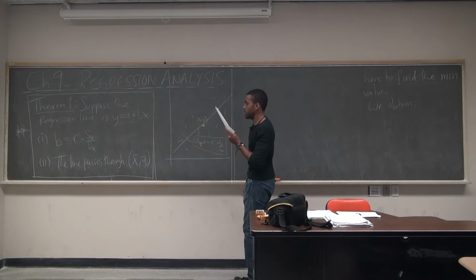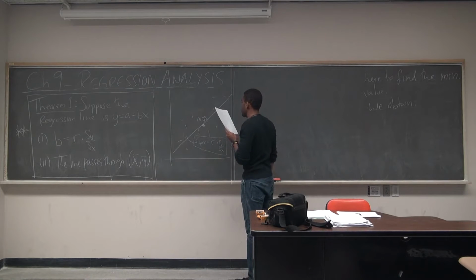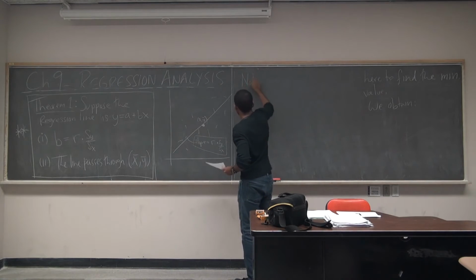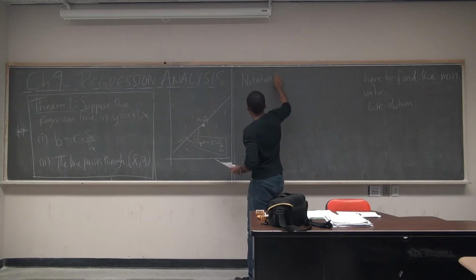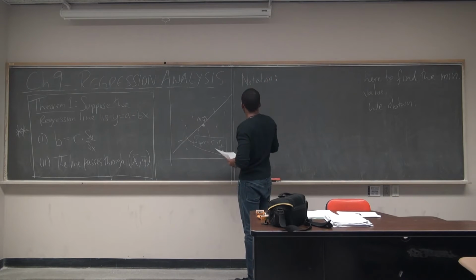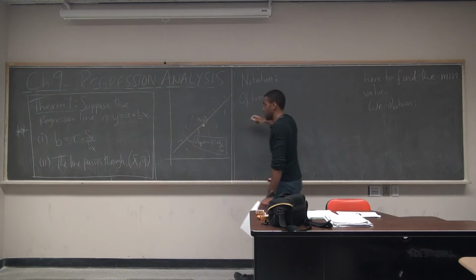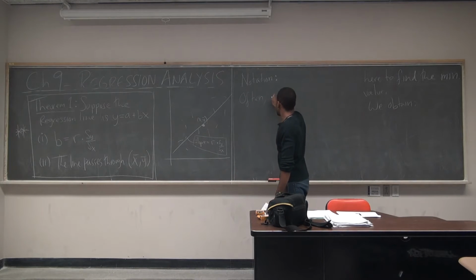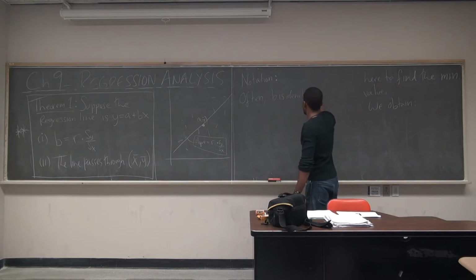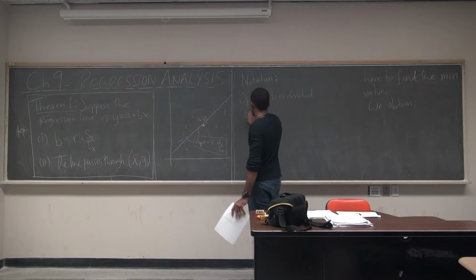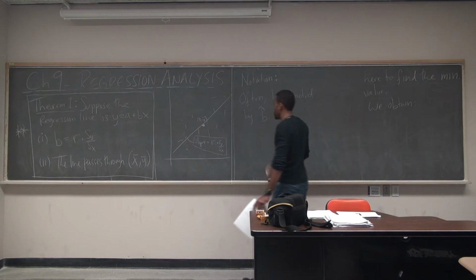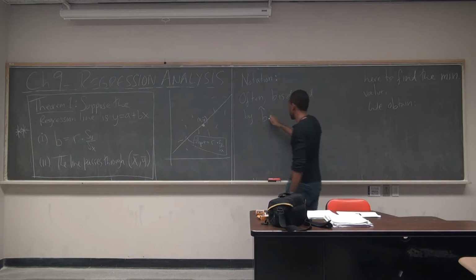We also have some notation here before I tell you the other thing. Often, if you look in statistics books and later on in this book, b is denoted by b hat, b with a caret on it.